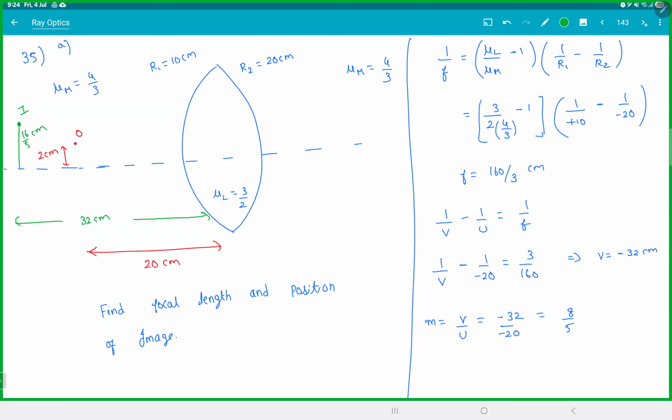Check it out. Sign convention, formulas, everything. Any doubts on this? Anything, any sign convention you're clear? Let's see one more like this.